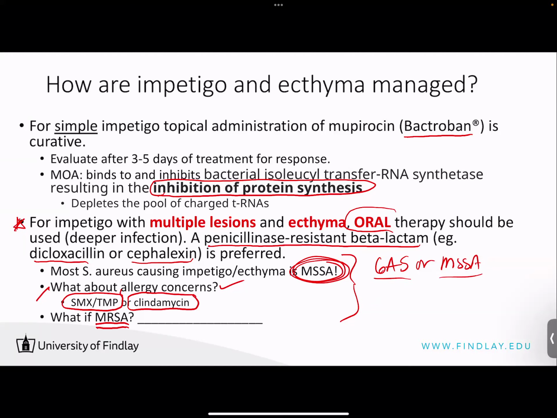And if you can answer yes to any of those questions, then maybe treating this ecthyma up front with an anti-MRSA agent might be a better option. Again, too, if it's an adult, you could probably use doxycycline or Bactrim. If it's a child, I'm probably going to go with just Bactrim.